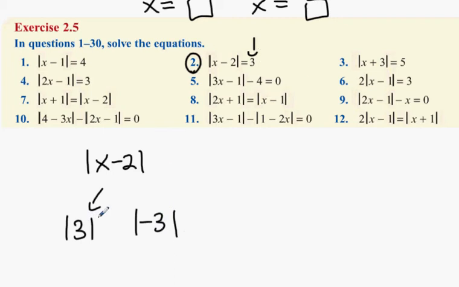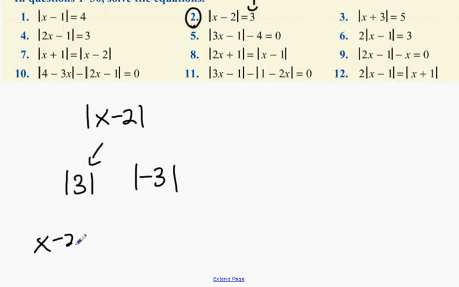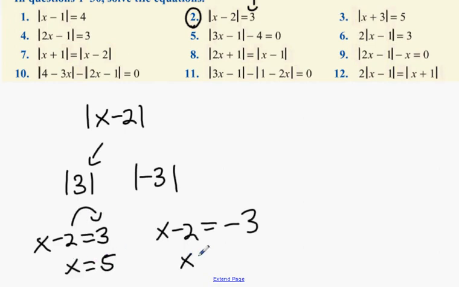So this means that x minus 2 must be equal to 3, or x minus 2 must be equal to minus 3. And how do you finish it off then? X equals 5 and x equals minus 1.